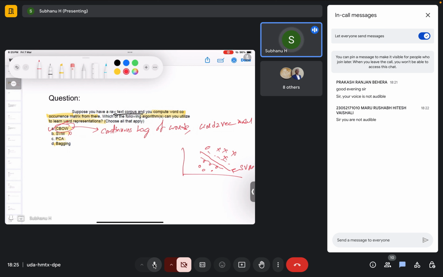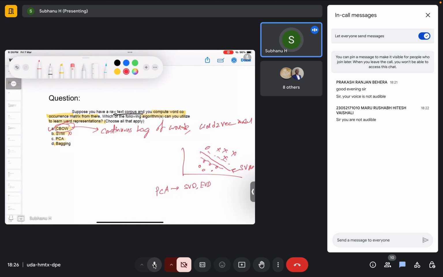And PCA is the dimensionality reduction algorithm, principal component analysis. You can compute the PCA using singular value decomposition or eigenvalue decomposition. PCA can be used to reduce the dimensionality of the word co-occurrence matrix, while it also preserves the important variance, effectively learning lower dimensional word representation.